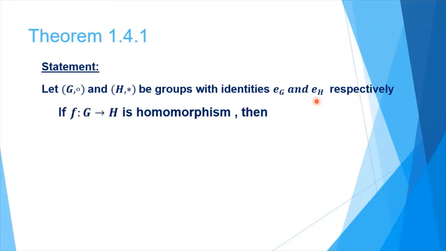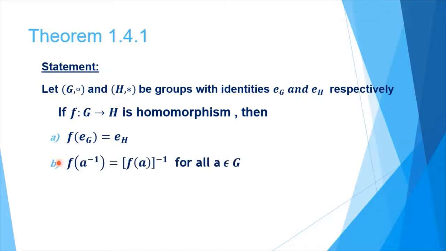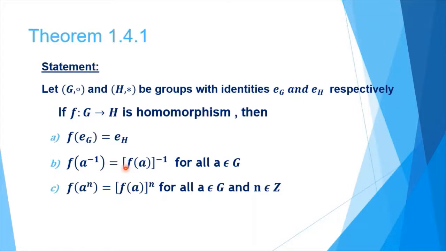If f is a function from G to H and is a homomorphism, then f(e_G) is equal to e_H, that is, the identity of G is mapped to the identity of H. Also, f(a inverse) is equal to f(a) whole inverse for all a belonging to G. That is, inverse is also preserved under this mapping. Also, f(a^n) is equal to f(a) whole power n for all a belonging to G and n belonging to Z.